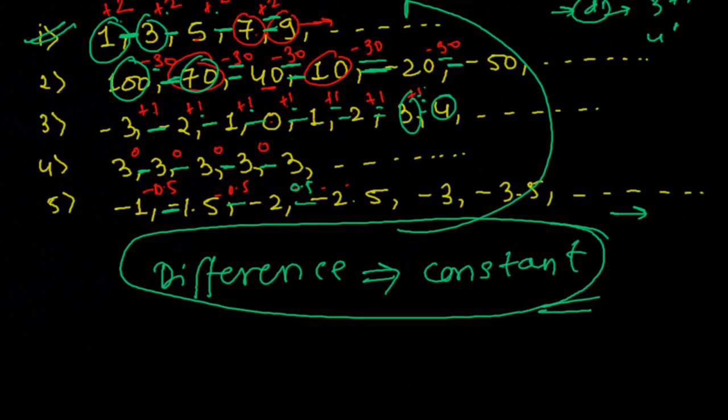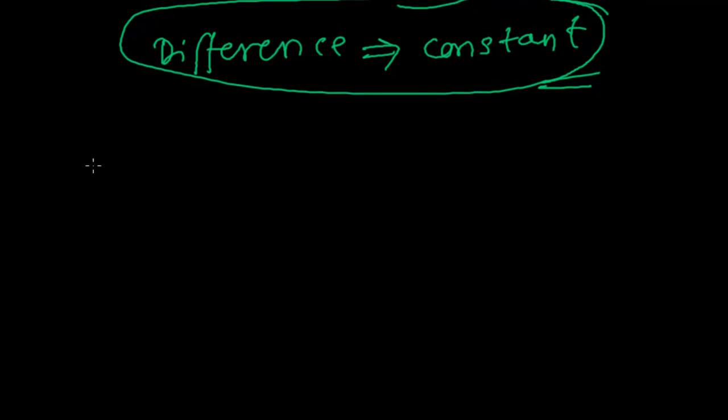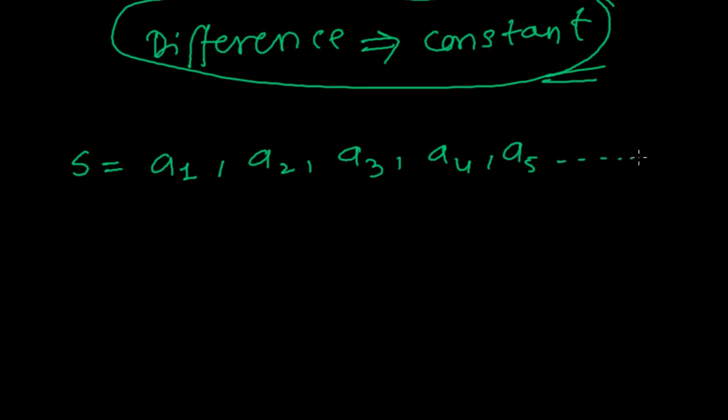So how we used to represent the arithmetic sequence, let me tell you here, or arithmetic series, whatever you say. Suppose S is an arithmetic sequence, its first term is A1, then A2, A3, A4, A5, and so on.